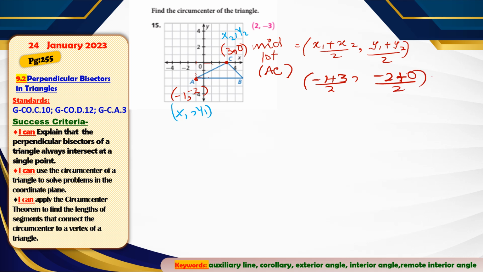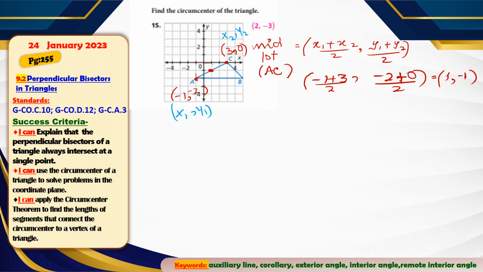So x is 2 over 2, it's 1. And -2 divided by 2 gives us -1. So the midpoint is 1 and -1. So this is the midpoint.